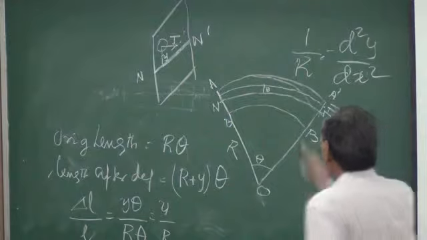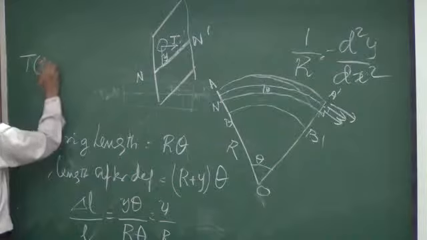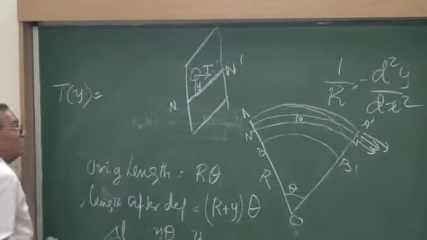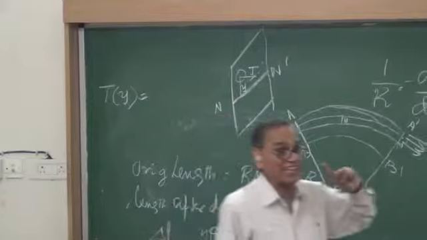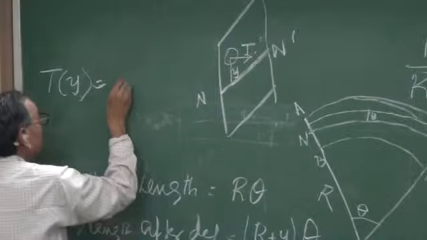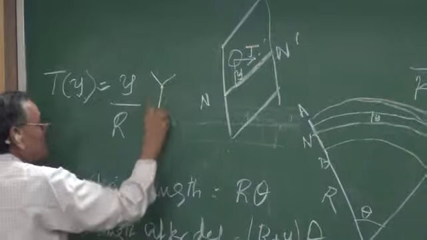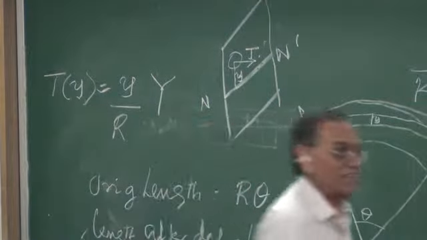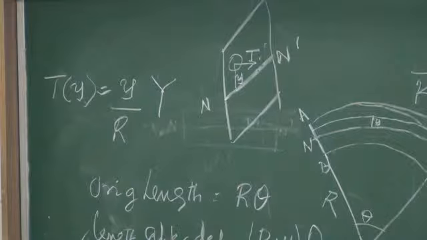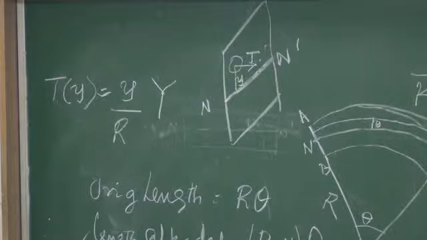So this longitudinal tensile force T will be a function of y, and that is the force per unit area. The tensile stress T(y) will be equal to y by r into the Young's modulus capital Y. Young's modulus into strain is the stress. Stress is force per unit area. So you consider a small unit area dS, the force will be T into dS.